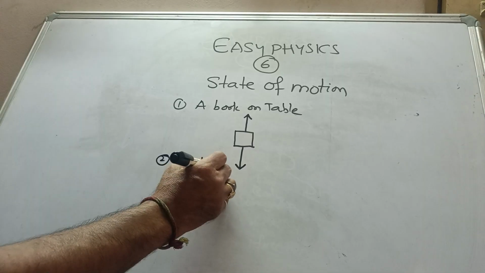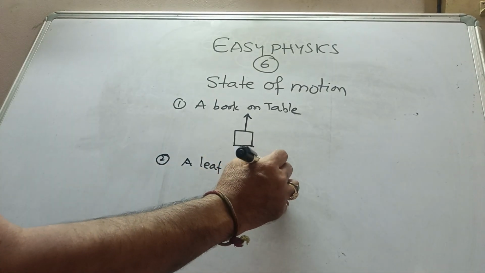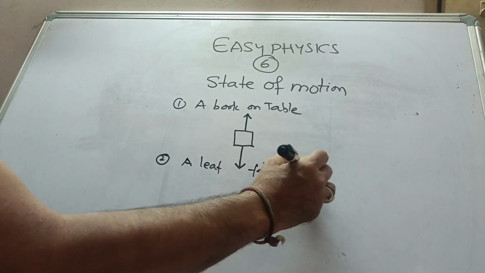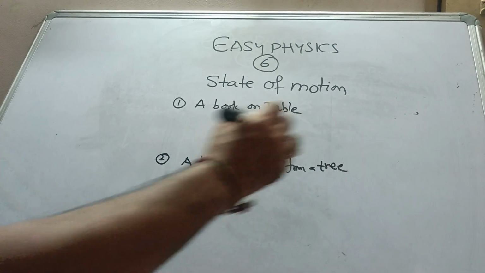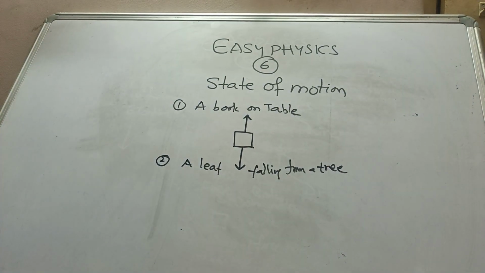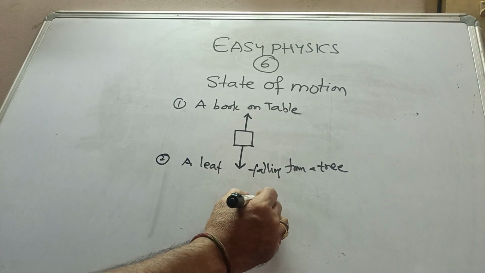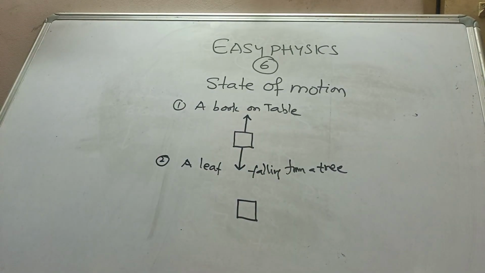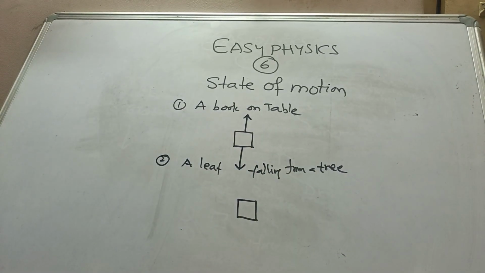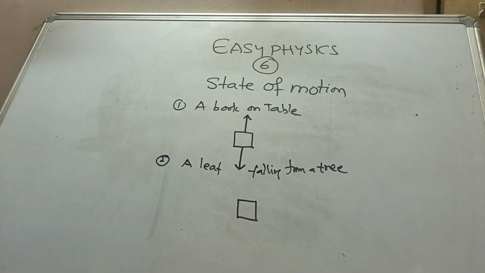Now, a leaf falling from a tree. We need not draw a tree and a leaf. Simply we draw a box which represents the leaf. Now, what are the forces acting on it? Of course, sometimes we have to ignore some forces, or we can consider them.